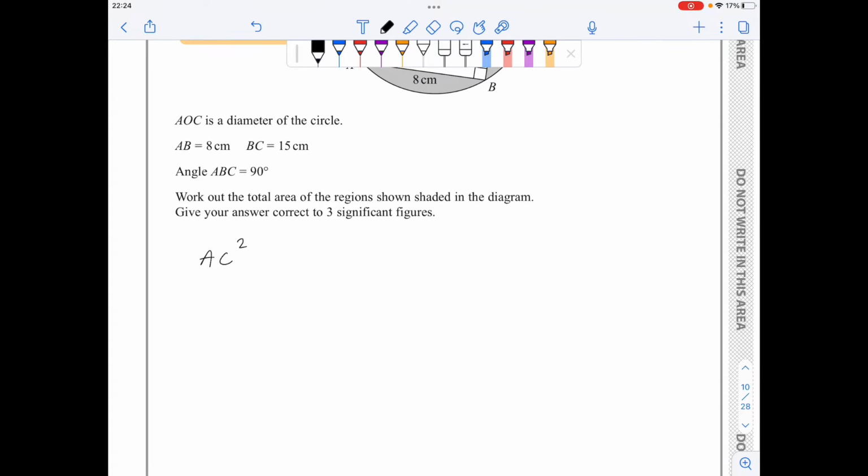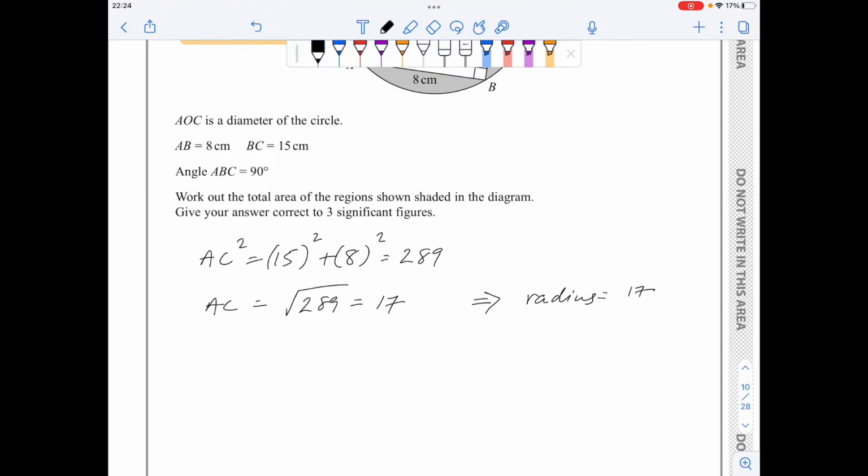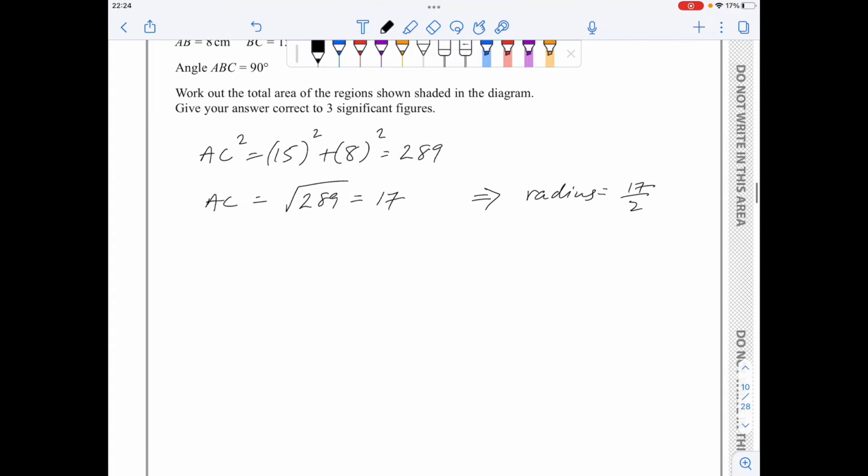AC squared is equal to 15 squared plus 8 squared, which is 289. So AC is the square root of 289, which comes out to be 17. This is the diameter, hence the radius is 17/2.